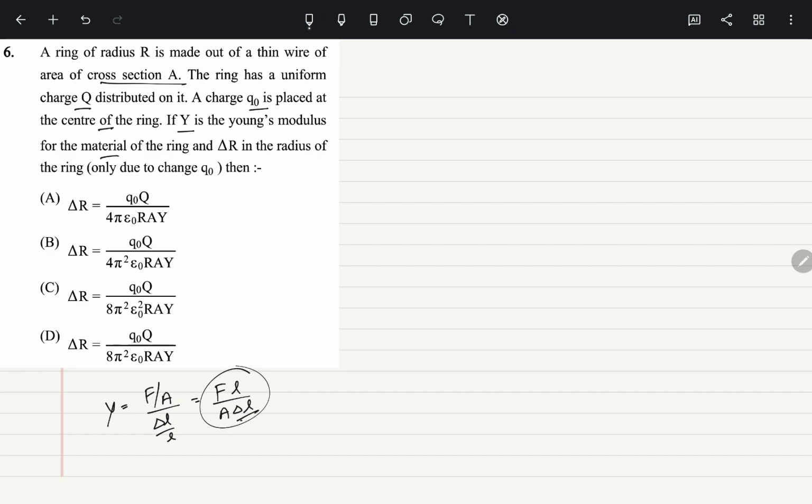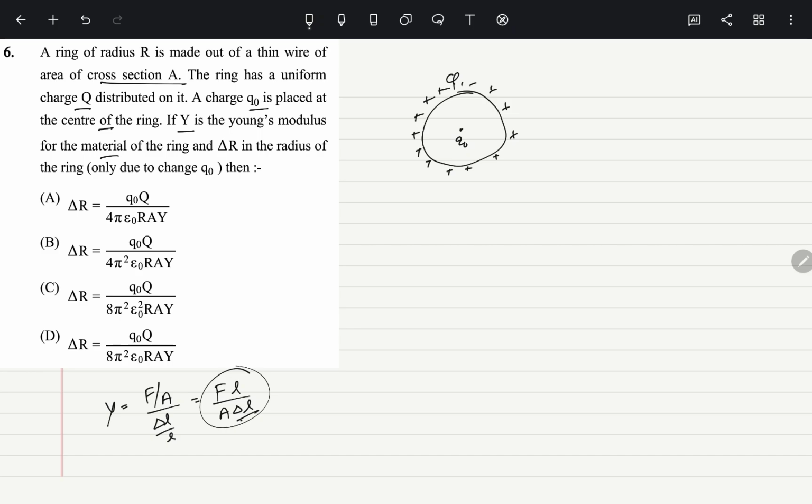So first of all, here we can see that there's a ring which has a charge Q distributed on it, and Q naught is placed at the center. Because of the repulsion between Q and Q naught, the ring will be stretched. So there will be some tension produced within the ring.